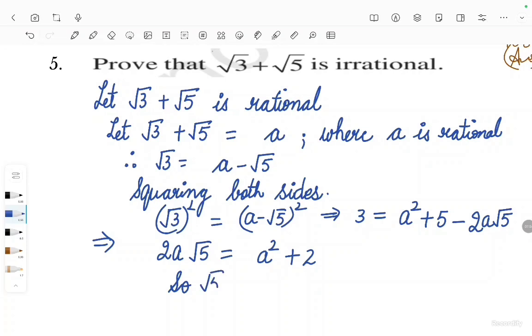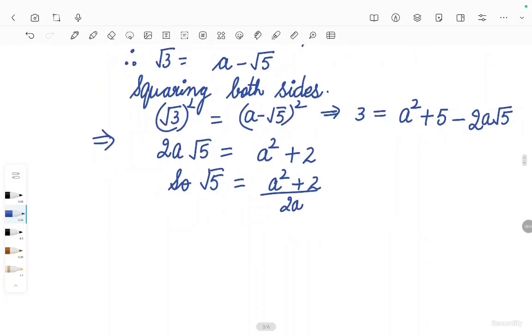So root 5 equals a square plus 2 upon 2a. Which is a contradiction.